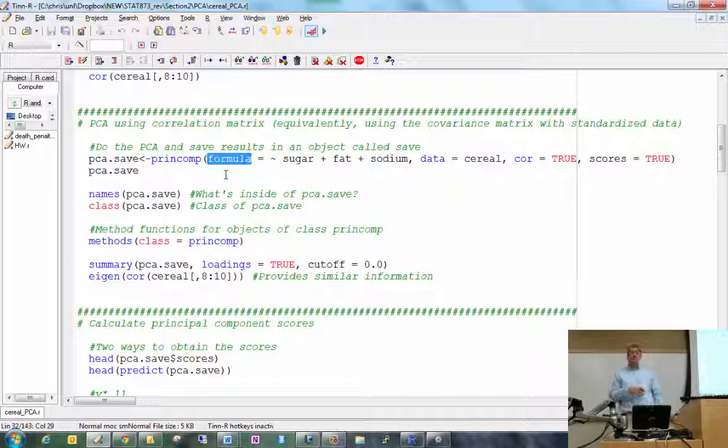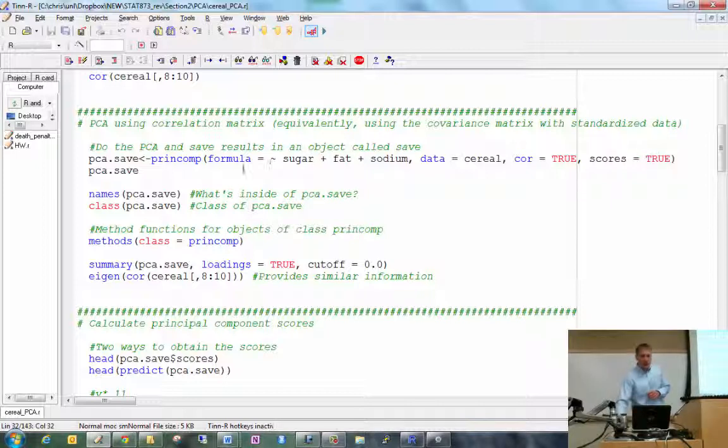Formula equals, and similar to what we saw with the lm function, there's a little tilde, which here simply tells it I'm using sugar, fat, and sodium, and I use plus signs to separate out the variables. I specify where my data set is. I say I want to use the correlation matrix. And then I would like my PC scores calculated as well.